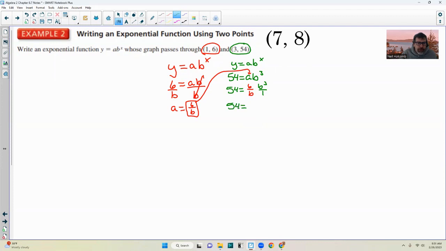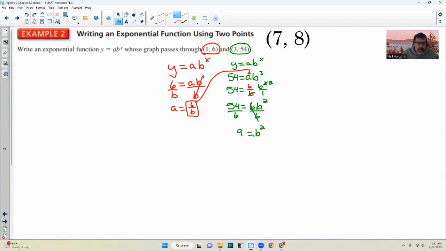54 equals, well, this b is going to cancel one of these b's, so that's going to drop that down to b squared. And now I just have a 1 in the denominator, so when you divide by 1, you get the numerator, so it's just going to be 6b squared. Divide both sides by 6, I'm solving for b, and these cancel, and I get b squared equals 9.